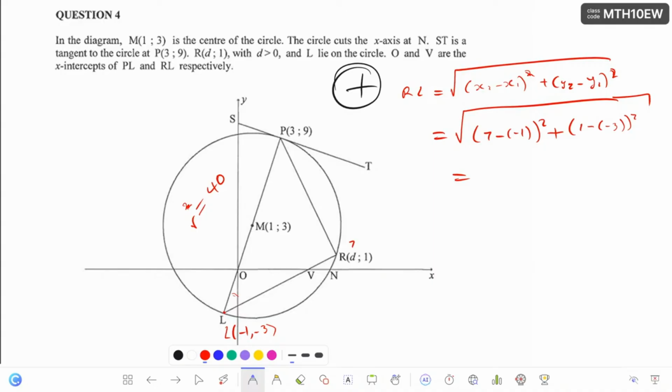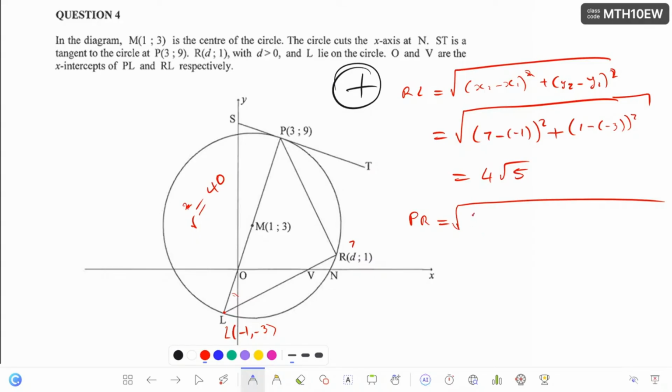7 minus -1, plus 1 minus -3. So we get 4√5. Also we need to calculate the distance between PR. So distance PR is what? I'm not going to write this formula again.